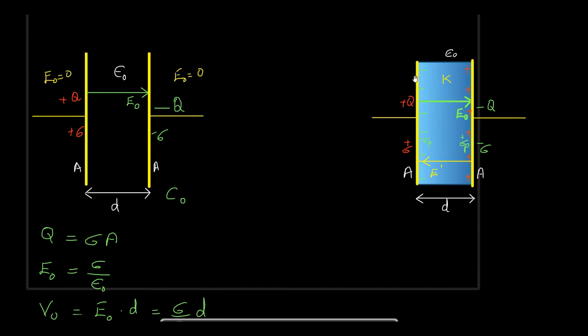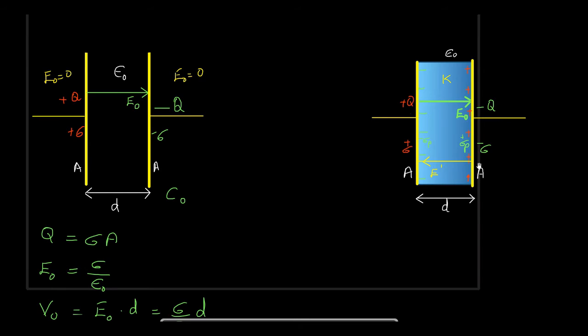Now let us see the second case. In the second case, the same capacitor is chosen and the capacitor is filled with a dielectric of constant K. Both the plates are charged with the same charge Q. One plate is plus Q having charge density plus sigma.